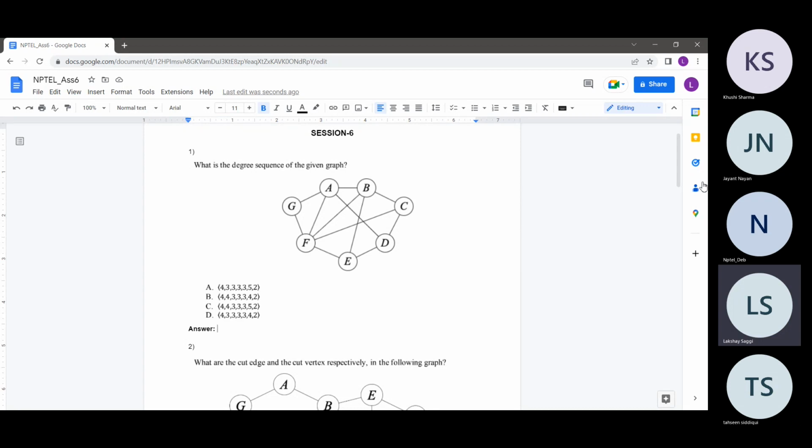In the first question, we have been given this ordering of vertices. A degree sequence is generally given with respect to an ordering of vertices.